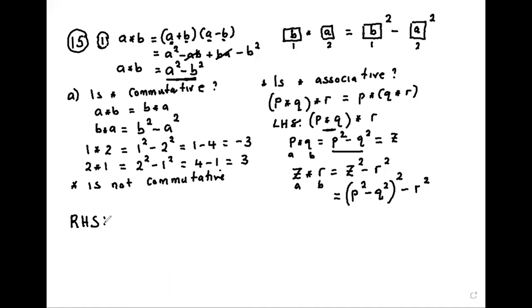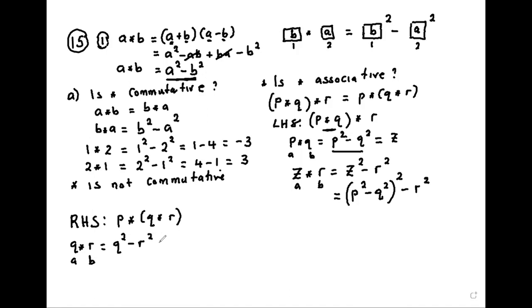We go to the right-hand side, where there is P star (Q star R). Let's start with Q star R. This is our A, this is our B. So we have Q squared minus R squared.